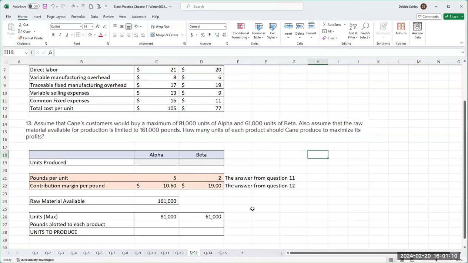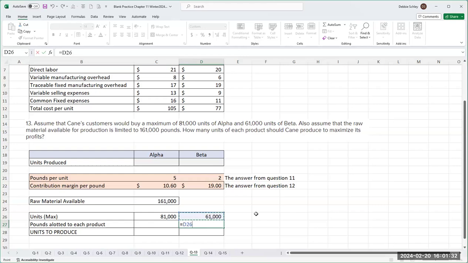Well, if you'll recall, we want to make all of the one that has the highest contribution margin per pound, right? So we're going to make all of beta. So I need to figure out how many pounds that's going to take.